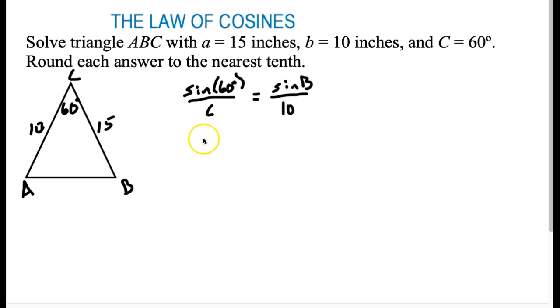This proportion has 2 unknowns. I don't know side c or angle B. I can't solve this, so we cannot use the law of sines. That's why we have to use the law of cosines to solve this.